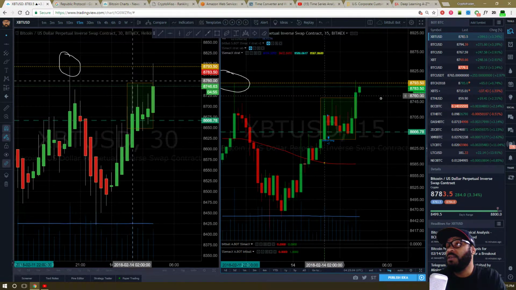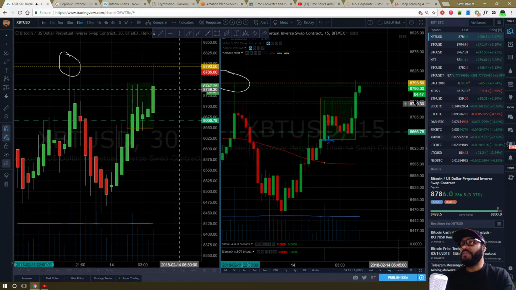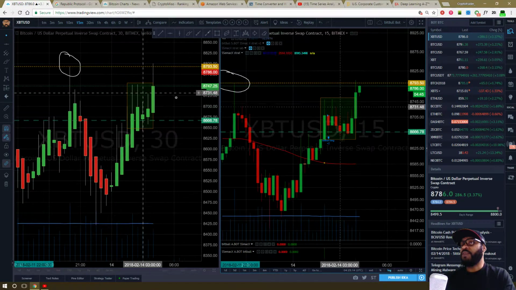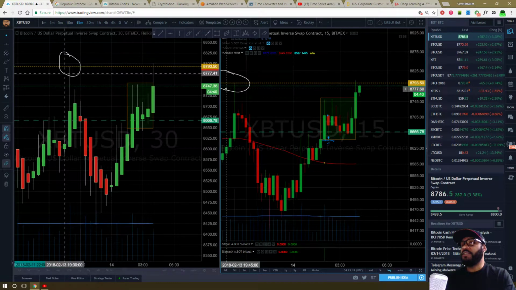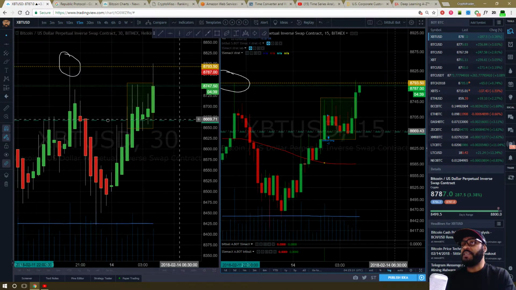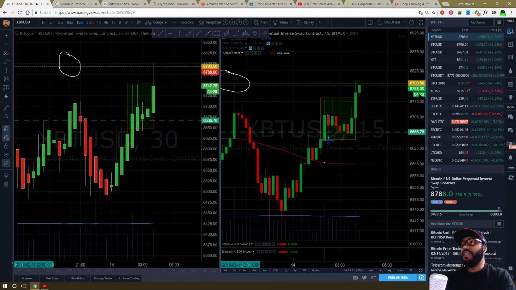Okay, so one says the actual price on BitMEX is 87.86, and then the price over here on the Heikin-Ashi version of the same XBT USD pair is 87.47, 87.88.